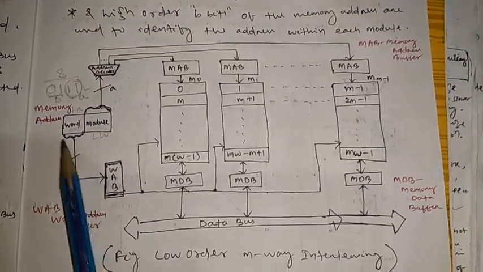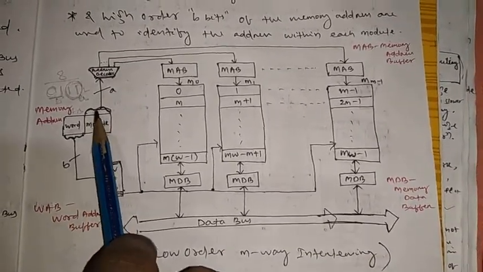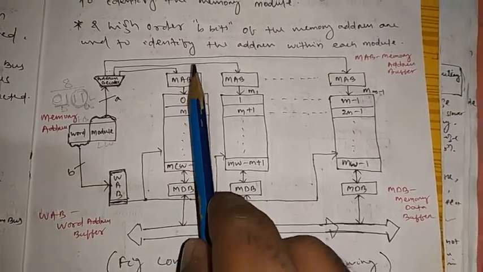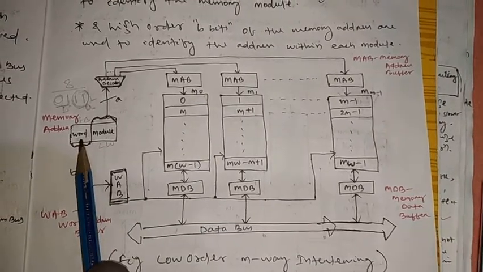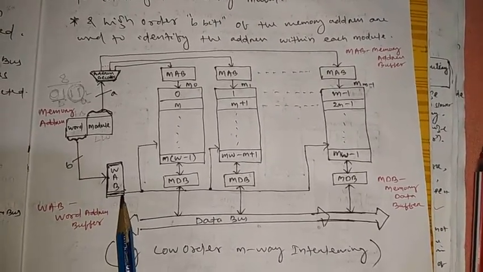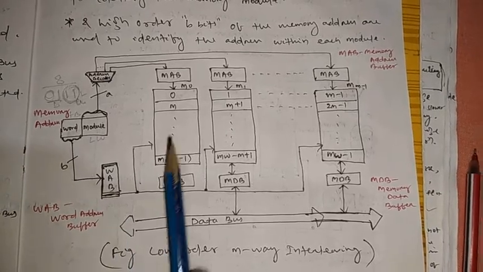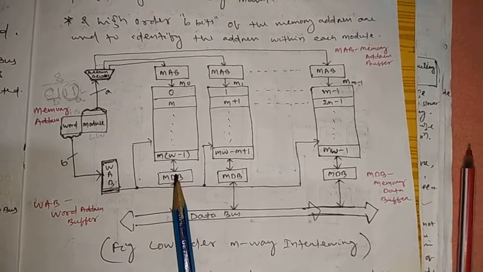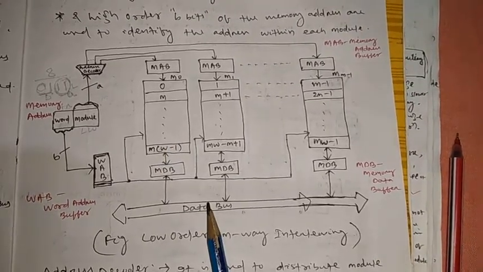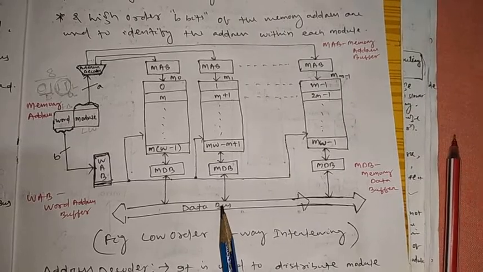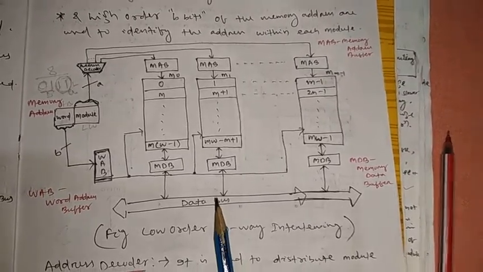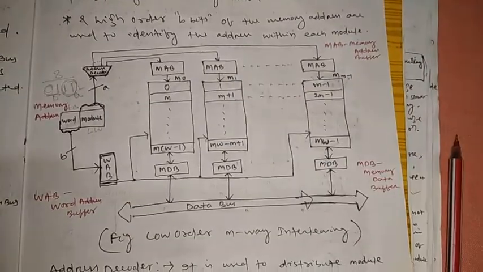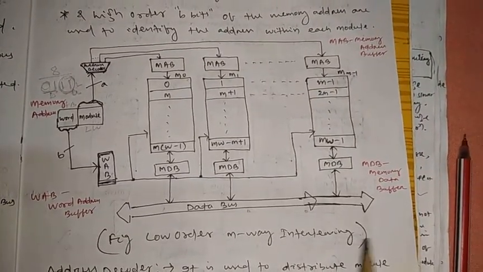In this manner: first the low order bit will be passed to the MAB, and the MAB is used to find the modules, and the high order bit B will be passed to the WAB, and the WAB helps to find the word address. After getting the word, the MDB helps to fetch the data from the module to the system bus, or you can say the data bus, and from that data bus the CPU and IO device will get the information. Get it? So this is the infrastructure of low order M-way interleaving.